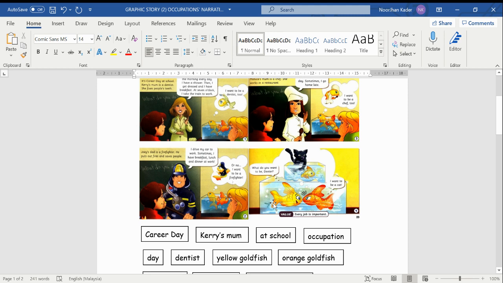This one is very cool, and it asks Dexter. I don't know whether it realizes, but Dexter is already very angry. It asks, "What do you want to be, Dexter?" So Dexter says, "I want to be a cat," and it imagines itself as a cat catching the yellow goldfish, or maybe eating it up also. I do not know. You can predict from the frame.